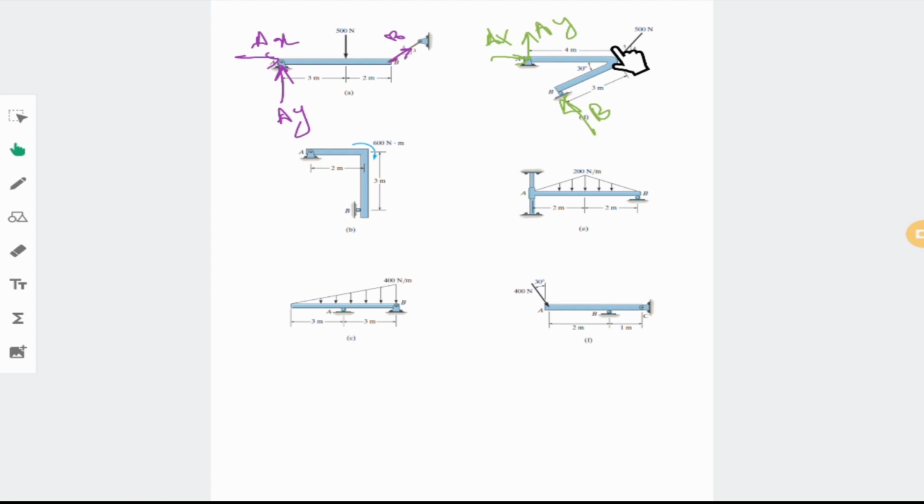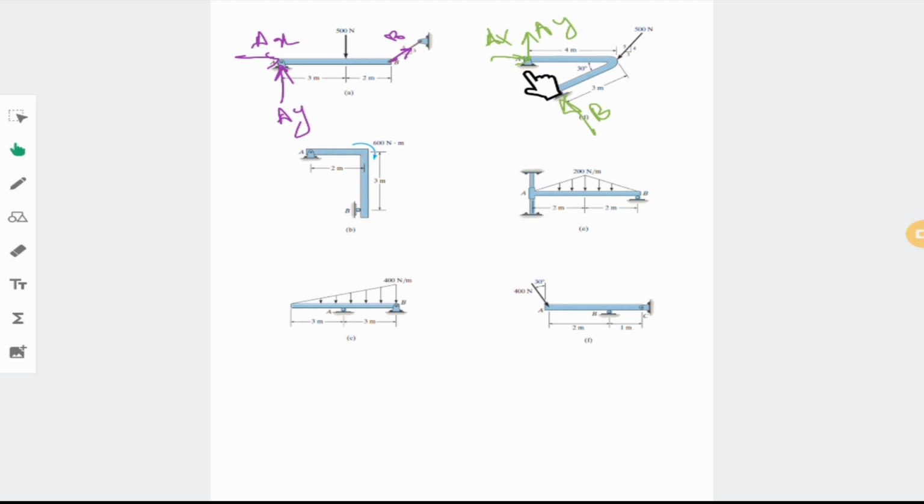The same story here, with the difference that here we have a force which is applied at a known point. Here we have a moment which is applied on the whole structure. For example, here this force would be in sigma of x, sigma of y, and sigma M. But here you don't have any external forces, you have just one moment, and this would be in sigma M, and it does not show up in sigma of x and sigma of y.